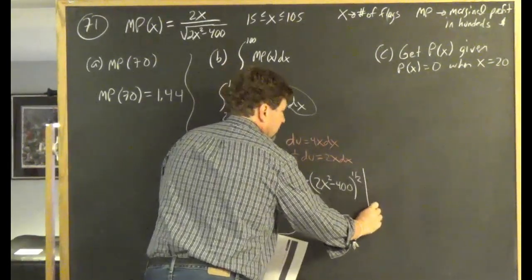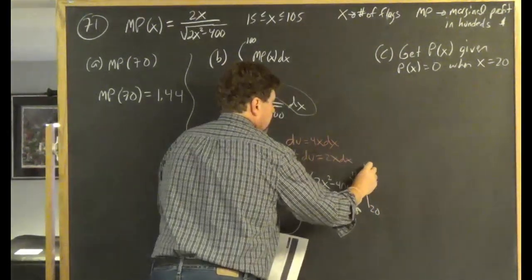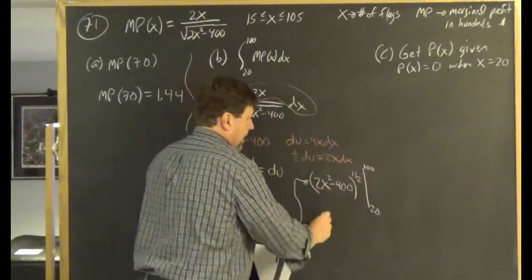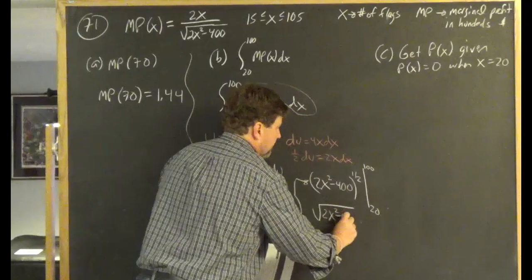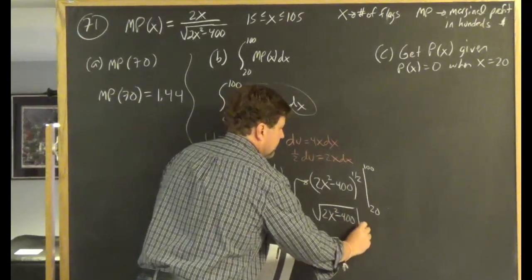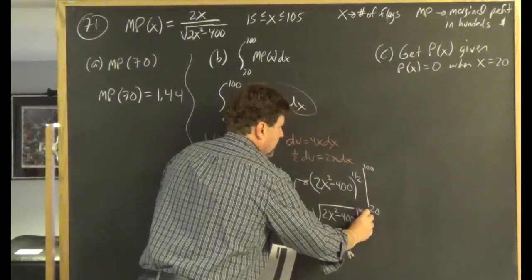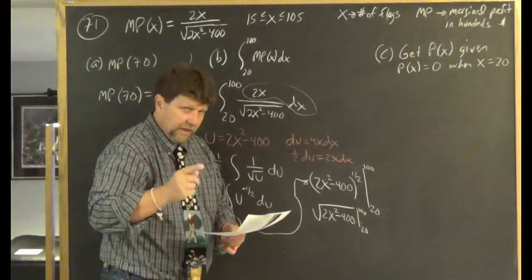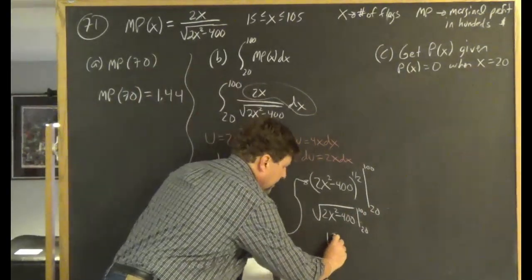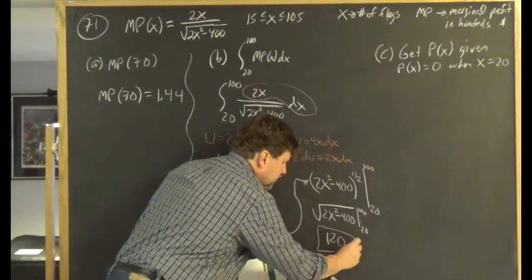Bring back the original limits of integration. And keep in mind, the 1/2 power, I'm going to rewrite this one more time. That's the square root of 2x squared minus 400. And then when I crank this through the fundamental theorem of calculus, I'm going to end up getting 120.